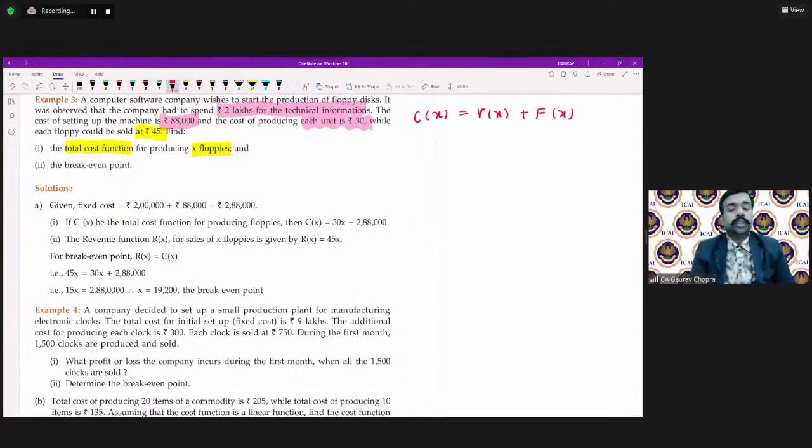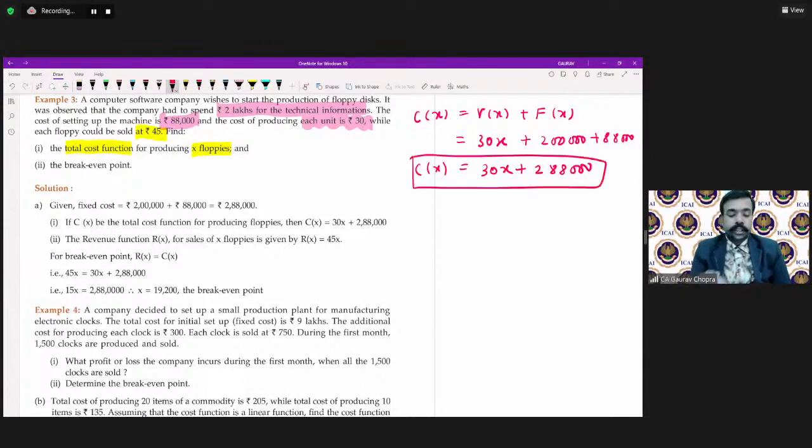Variable cost is 30 rupees per unit, and we are having x units, so variable cost is 30x. Fixed cost is 2 lakh for the technical, 88,000 for the machine setup. So overall, the cost function is 30x plus 2 lakh 88,000. This is the required cost function.